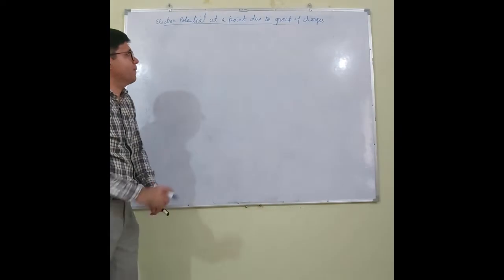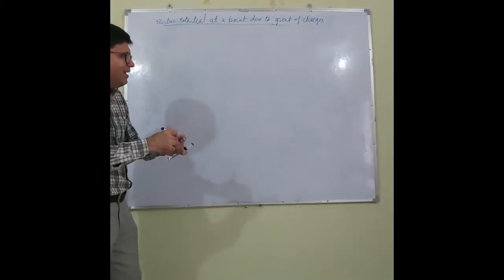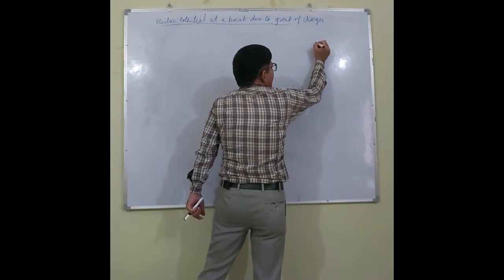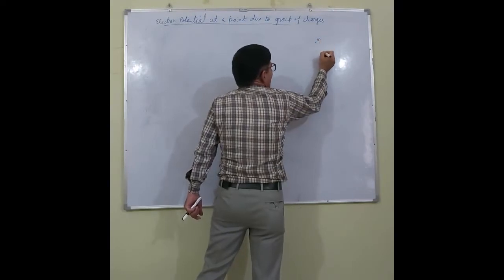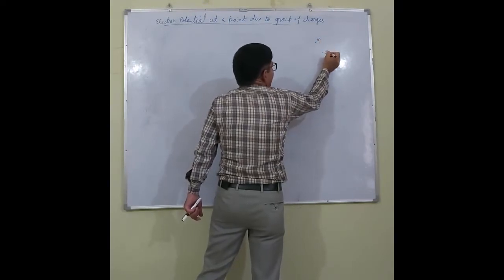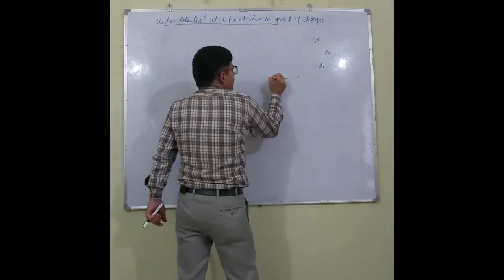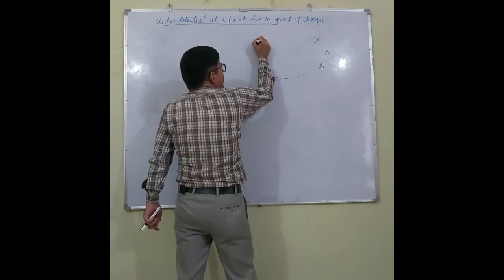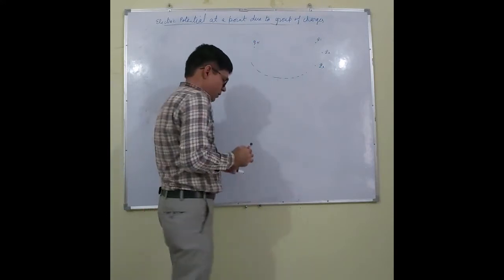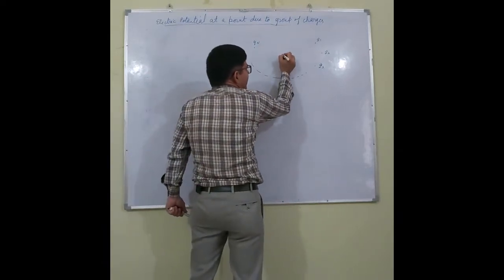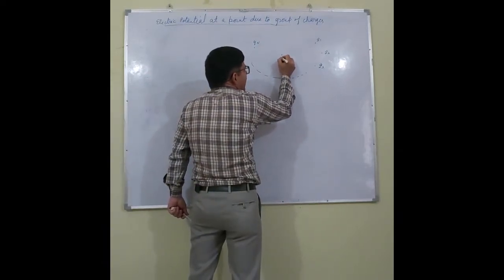Now students, what are we given? Very simple. Let us say Q1, Q2, Q3. We have n charges and our target is to calculate the electric potential at a point P.